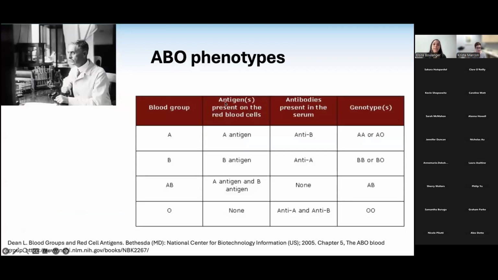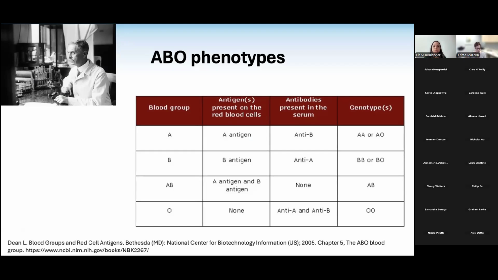The important thing here is that we have the ABO phenotypes. We have 4 ABO phenotypes, which can be A, B, AB, O. But for the genotypes, we have more cases because there is a genetic inheritance of the ABO phenotypes.